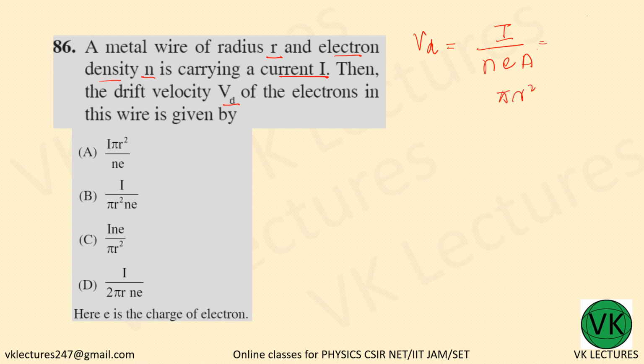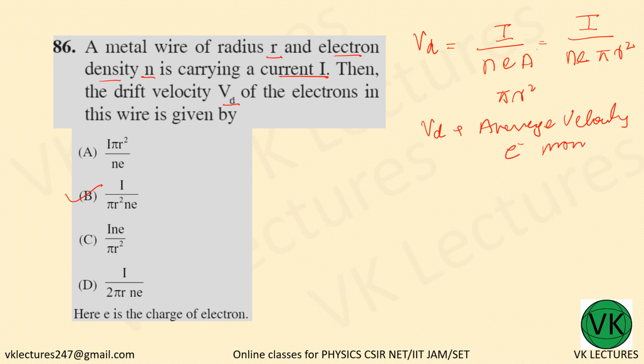So Vd is I divided by n e pi r squared, so your option is B. Now what is Vd? Vd is the average velocity with which electrons move when electric field E is applied.